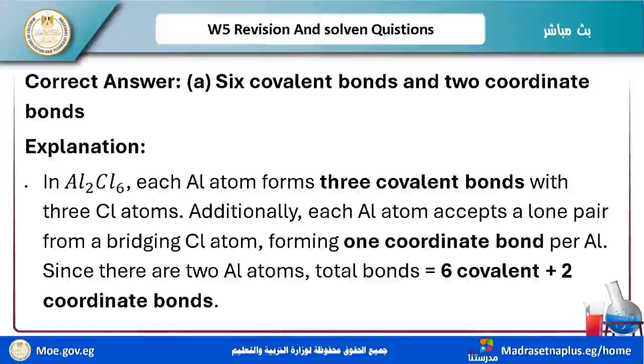Additionally, each aluminum atom accepts lone pairs from the bridging chlorine atoms, forming 1 coordinate bond per aluminum. Since there are 2 aluminum atoms, the total bonds equal 6 covalent bonds plus 2 coordinate bonds.